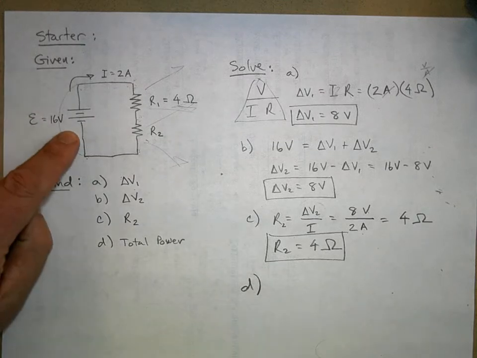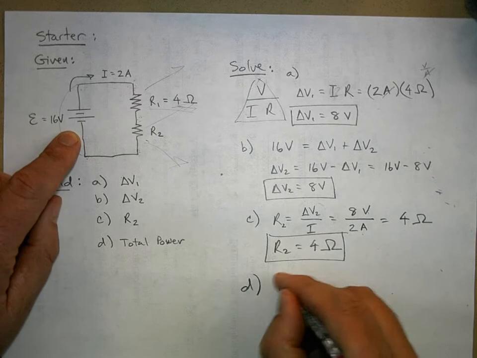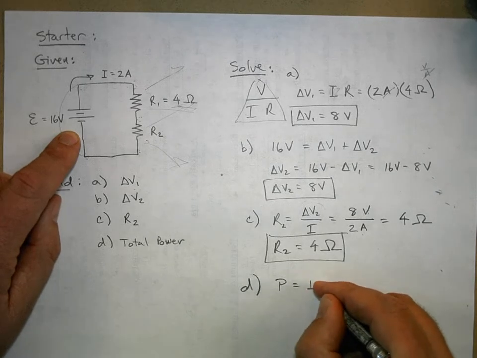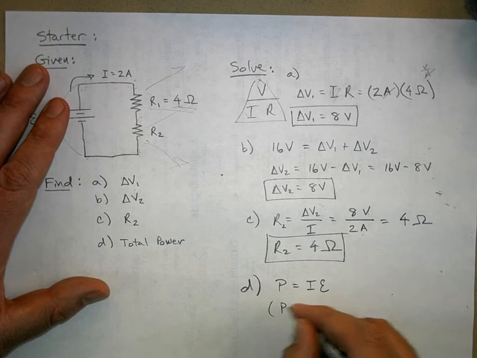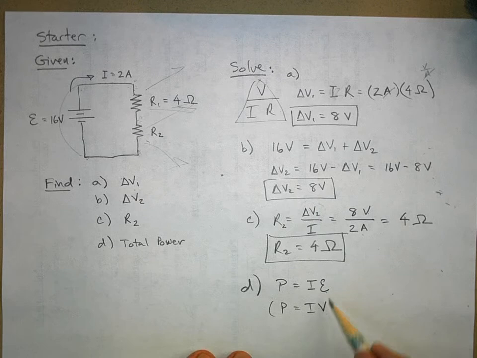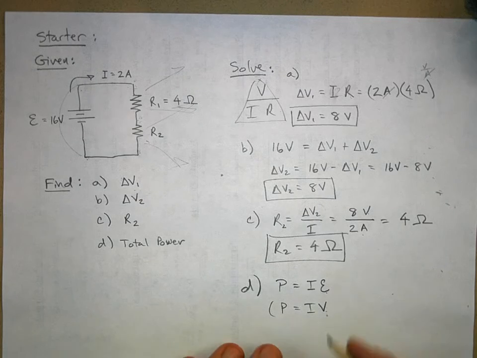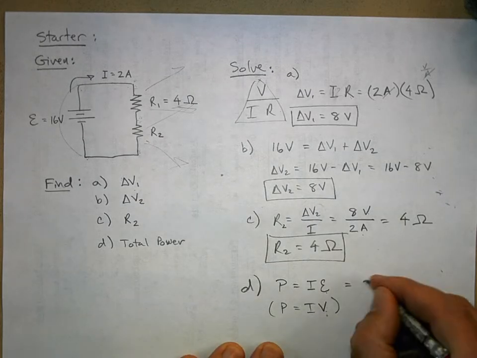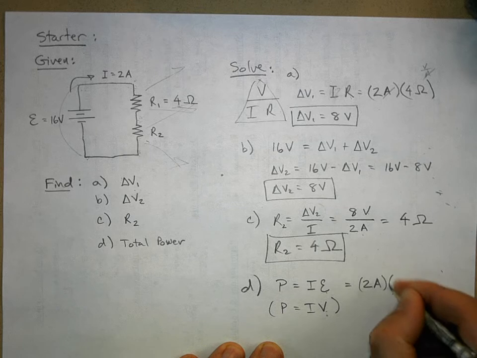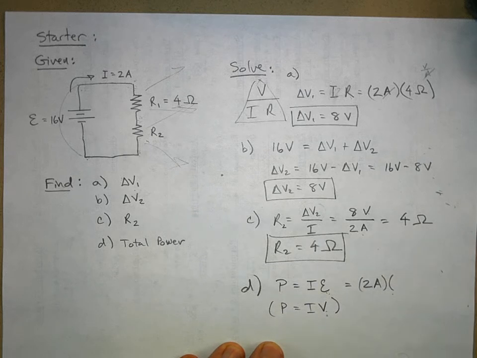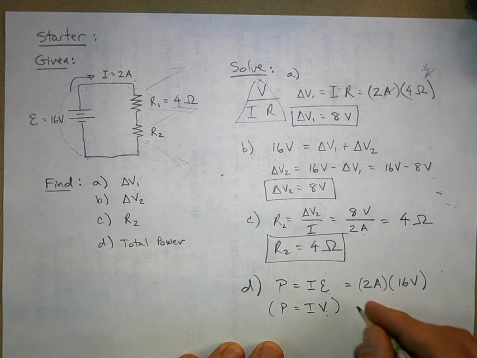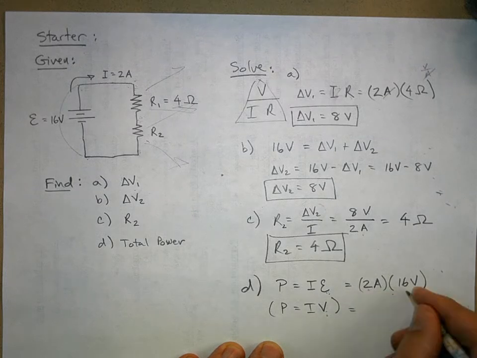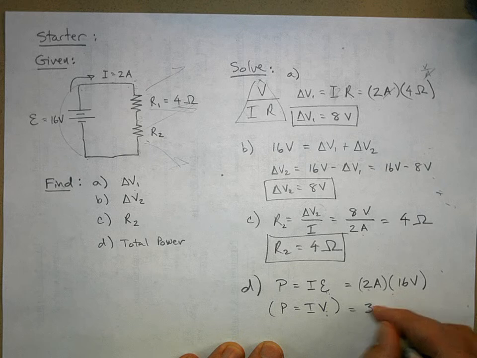I'm just going to say how much energy is delivered by the battery. We know that power equals I times E, or sometimes we'll write it power equals I times V, depending on whether you're using this variable name or this variable name. You see both of them out there. So this is just 2 amps times 16 volts, and 2 times 16 is 32.